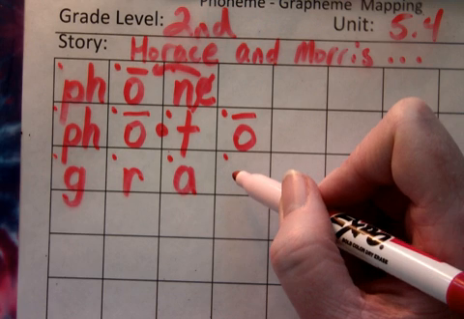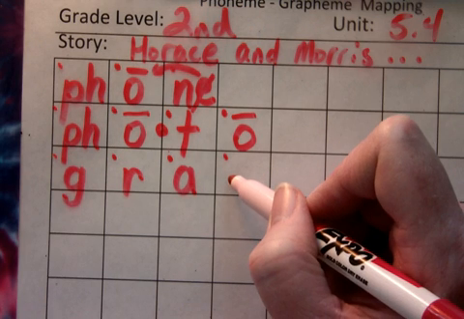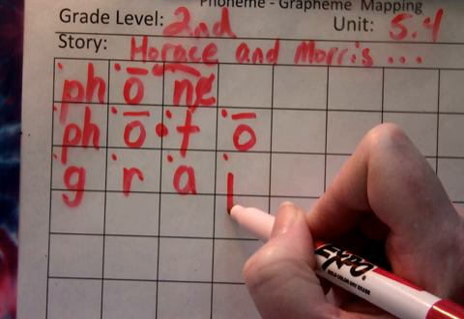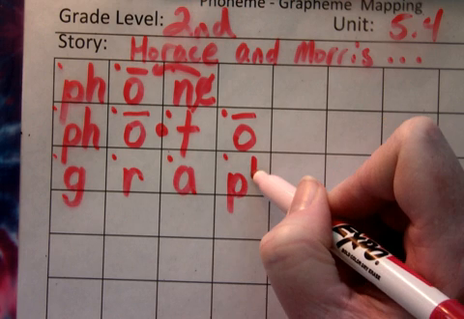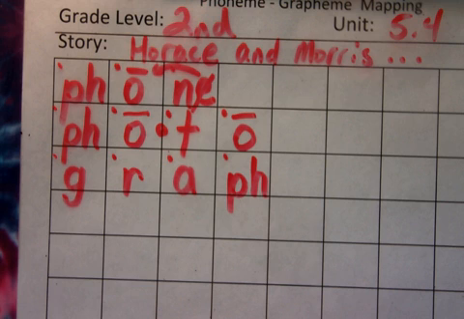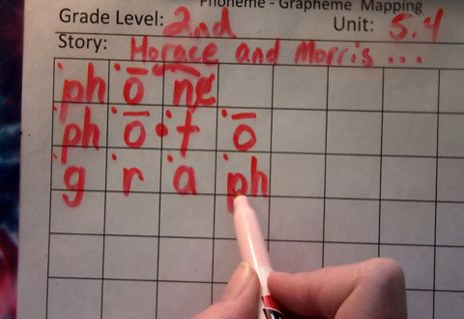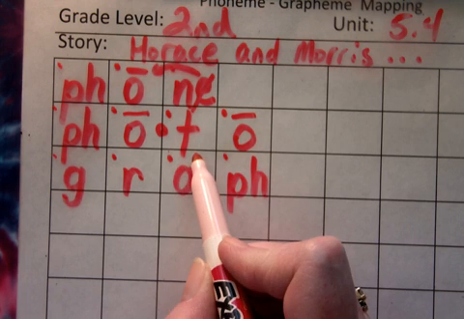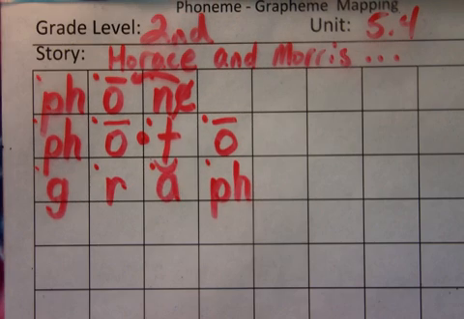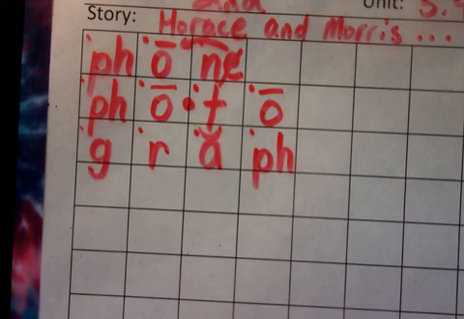F. Graph. There's the F sound. It's spelled with a PH. Graph. A single vowel followed by one or more consonants. It is short. We put the breve on top. Graph.